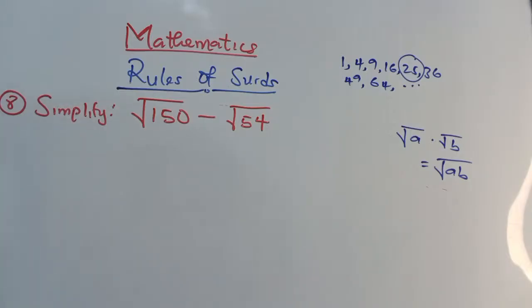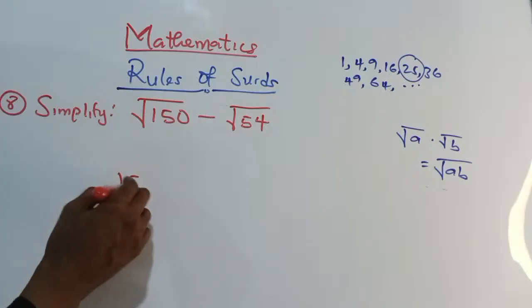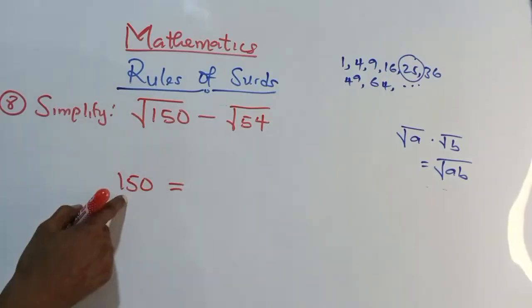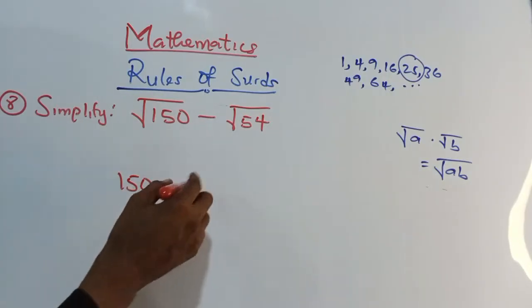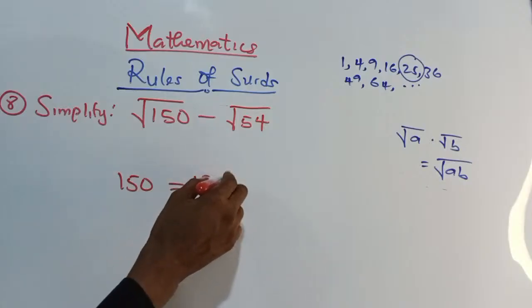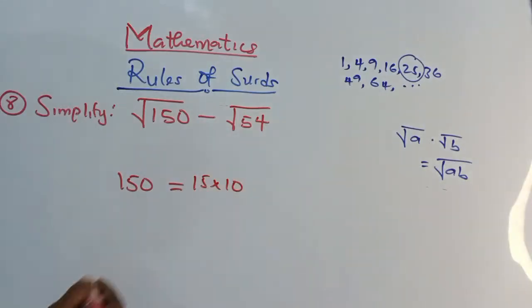Now, we need factors of 150 that will give us a perfect square number. Also, factors of 54 that will give us a perfect square number. For 150, we can use 15 times 10. None of it is a perfect square number, so we can't use it.